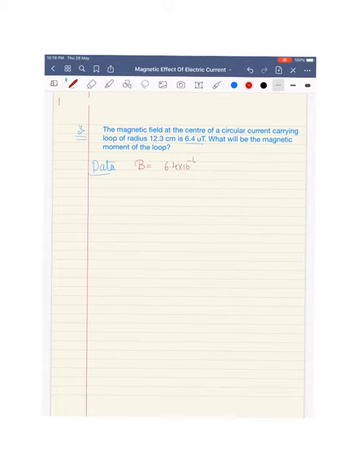So now we'll start with the data, okay? The magnetic field is 6.4 into 10 raised to minus 6 Tesla. Radius of the coil mentioned is 12.3 centimeters, so that is 12.3 into 10 raised to minus 2 meters. What they are asking us to calculate is the magnetic moment of the loop.